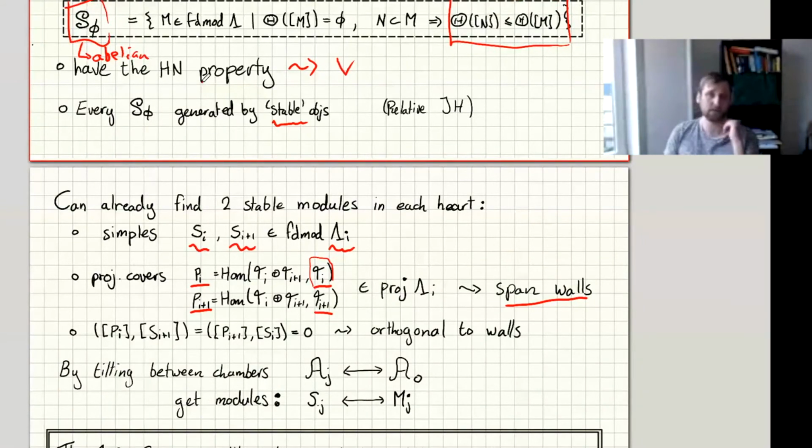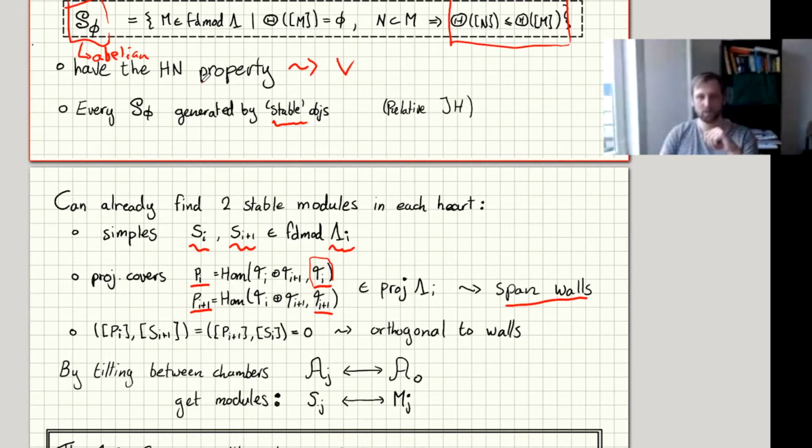And so the thing is, when you start mutating, when you start moving from heart to heart, these simple objects get sent to other modules. It turns out that when you do this in the correct way, these modules actually stay stable.